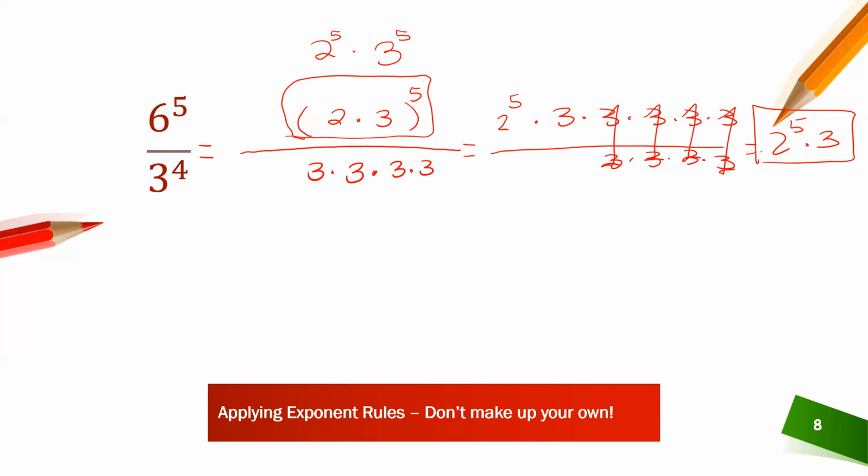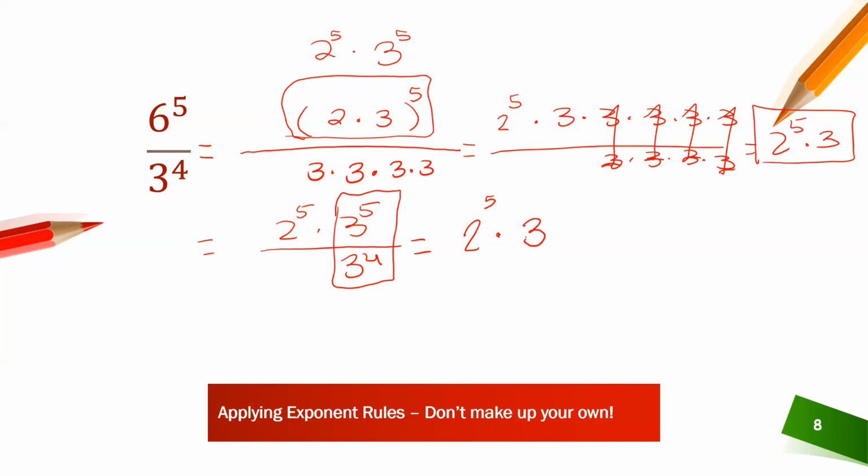Or after you think about this, you can just say, oh, hey, that is 2 to the 5th power times 3 to the 5th power divided by 3 to the 4th power. When I divide things with the same base, the 2 to the 5th power is going to stay the same because there's nothing for you to divide out. But then here, when I divide things with the same base, I can keep the base the same, which is 3, and subtract the exponent.